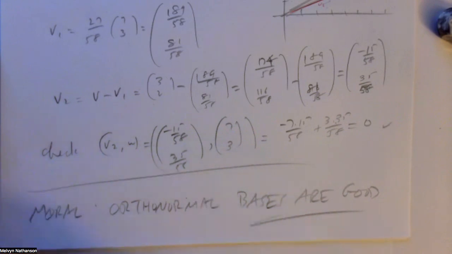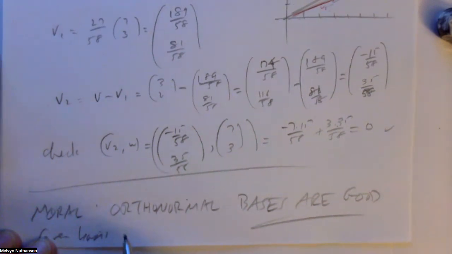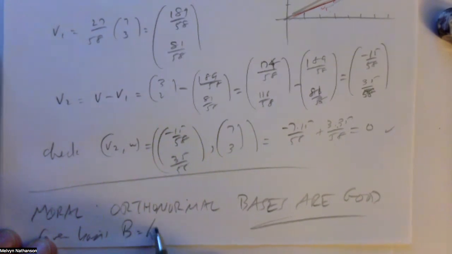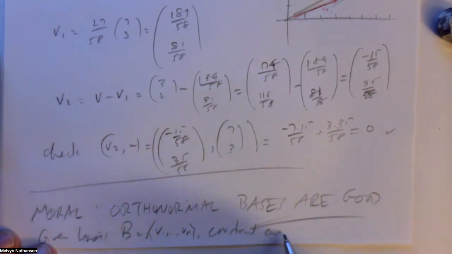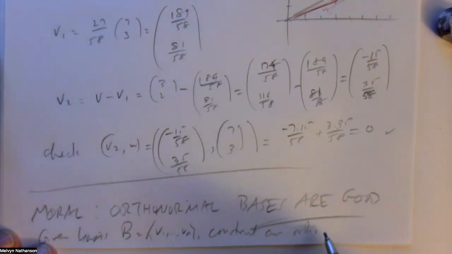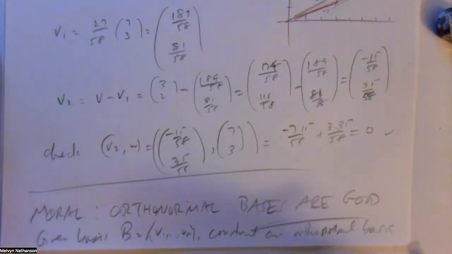So, given a basis B for a vector space, construct from it an orthonormal basis. That's what we have to do.